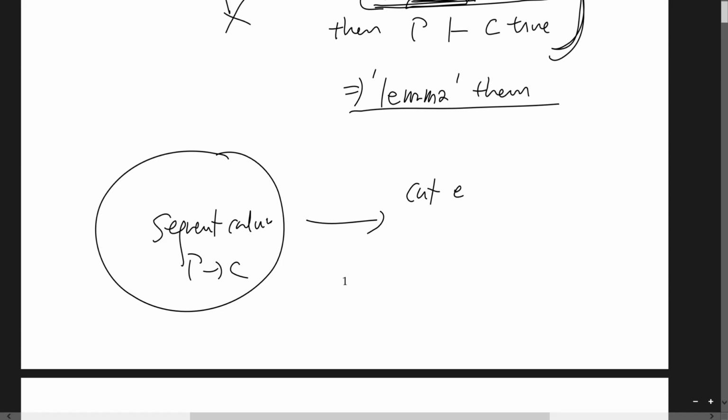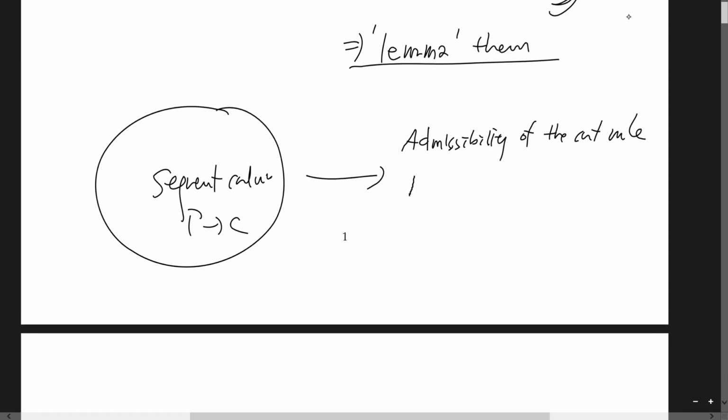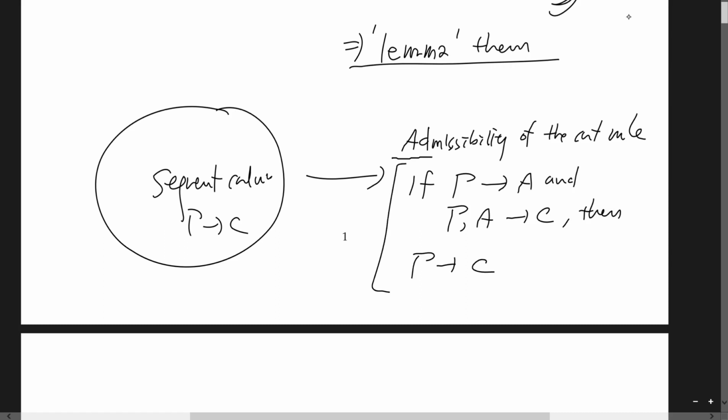But we will actually start with the admissibility of the cut rule, which is stated as follows: if gamma arrow A and gamma, A arrow C, then we can conclude gamma arrow C. This statement is called admissibility of a cut rule.